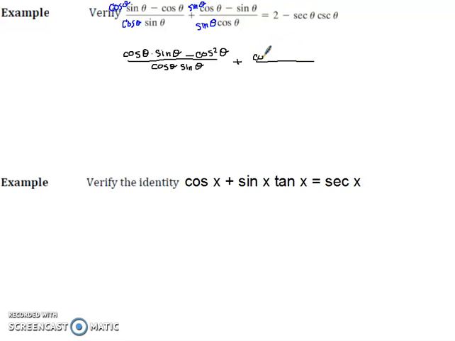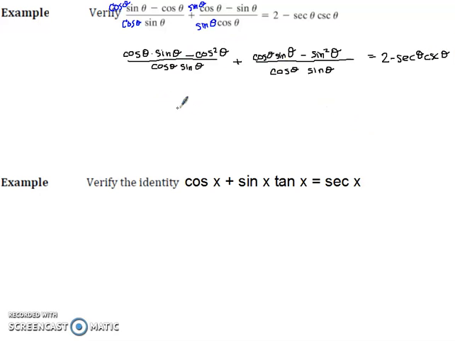So I've got cosine of theta multiplied by sine of theta minus, and then I distribute sine to sine, and I have sine squared of theta. In the denominator, I've got cosine theta multiplied by sine of theta. And we want to show that this is equivalent to 2 minus secant theta cosecant of theta.